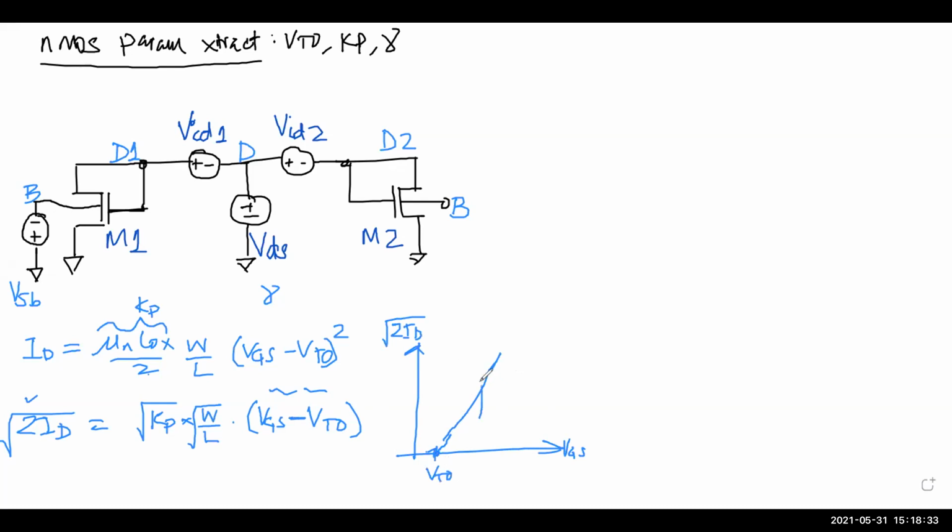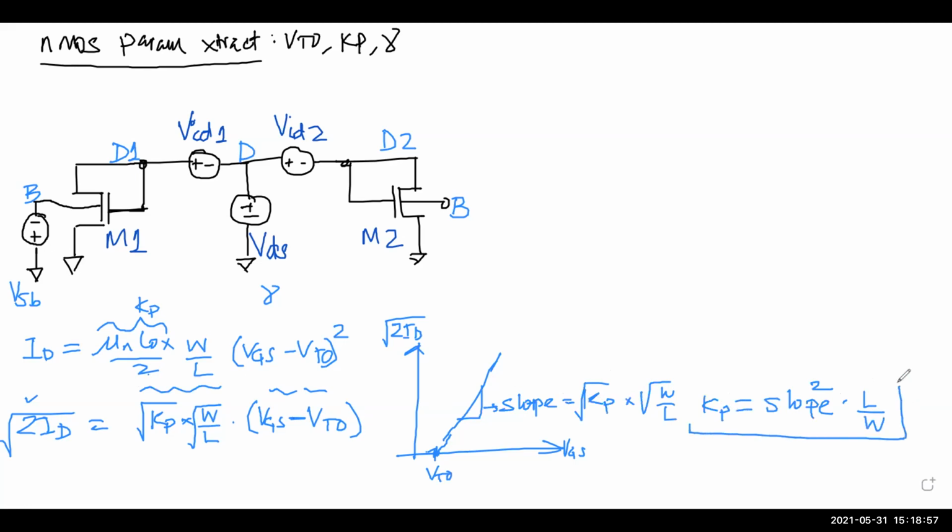And then this slope is equal to this value here, which is root KP times root of W over L. In other words, KP is that slope squared times L over W. So VT0 we're going to find from the intercept, and KP from the slope, and L and W obviously we know.